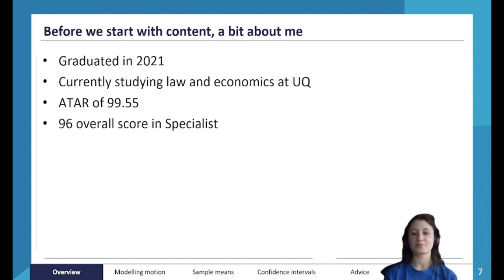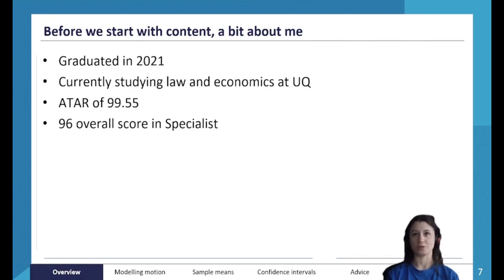Just before we even get into the content, to learn from my mistakes, especially if you really want to do well, you want to get into med or law or engineering or something quite high level, and you need a very astronomically high score, specifically for specialist because there's such a wide breadth of content: do not disregard any of the syllabus dot points.